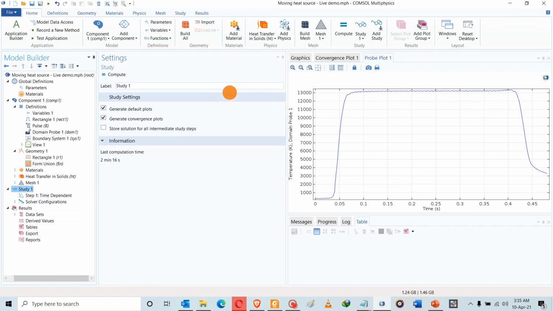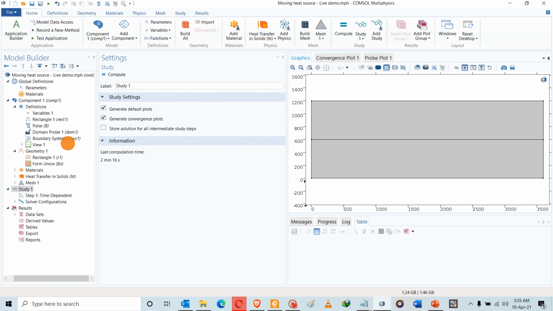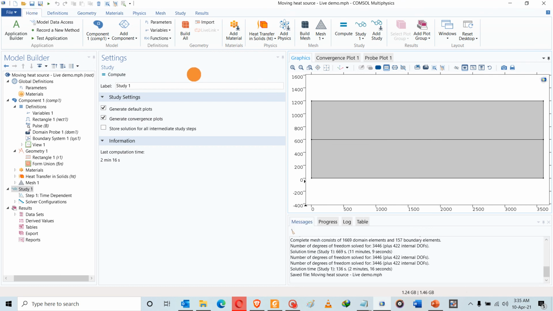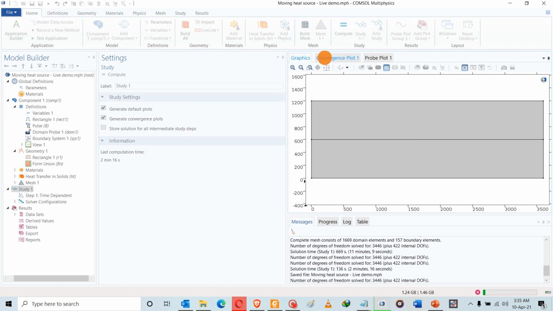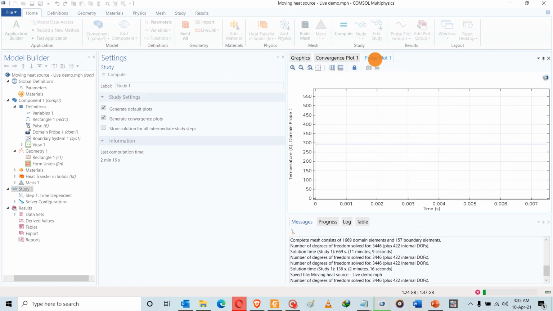All right, let's see if we can compute this. Before you compute, just save first, because sometimes you don't want to lose all that work. Compute. Let's look at the probe plot for a few seconds.